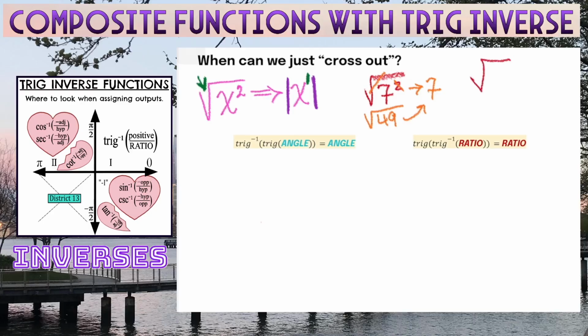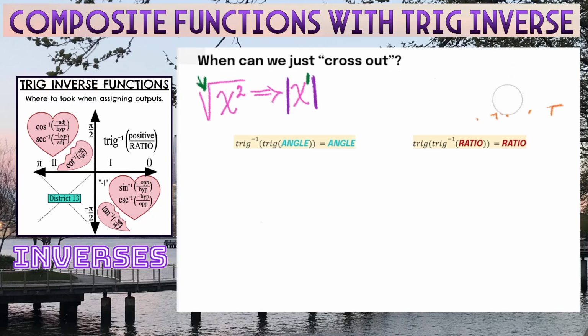However, if I have the square root of negative 7 squared, well, now I cannot just cross out and say it equals negative 7, because it's really square root of 49 again. And that answer is 7. And that's where those absolute value bars really start to matter.